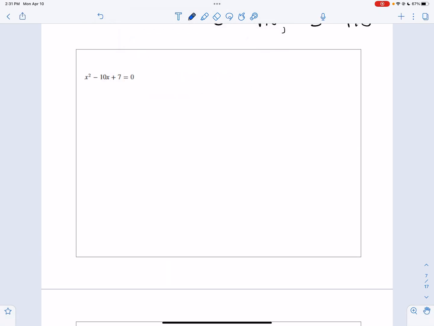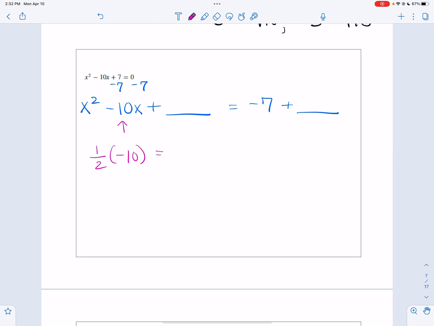So let's move over that 7. So we get x squared minus 10x plus blank equals negative 7 plus blank. We take half of negative 10, which is negative 5, square negative 5, which is equal to 25.